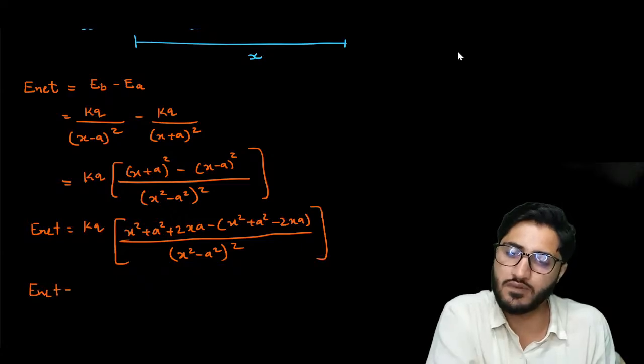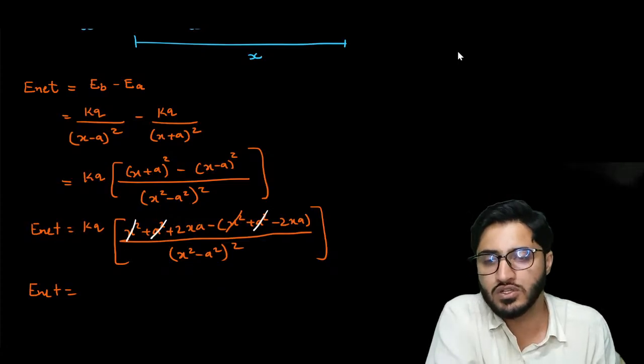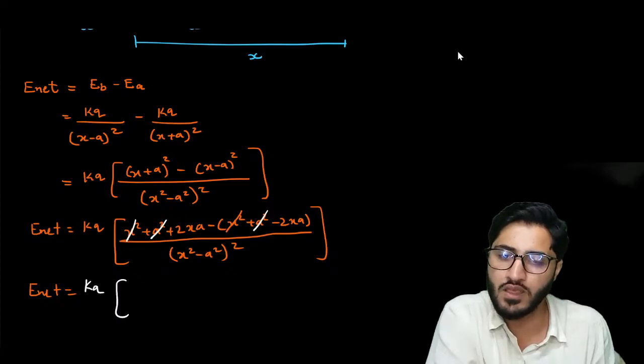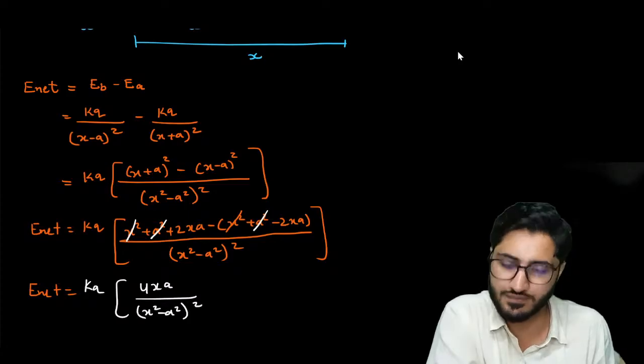Look here: X square cancels out, A square cancels out. I will write KQ times 4XA divided by (X square minus A square) whole square.